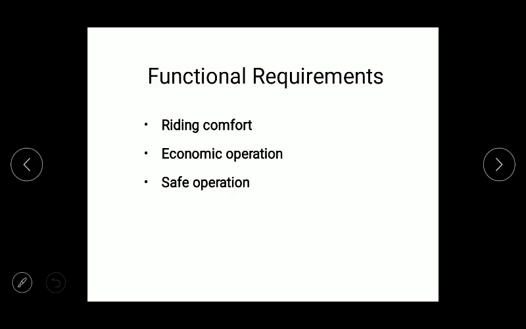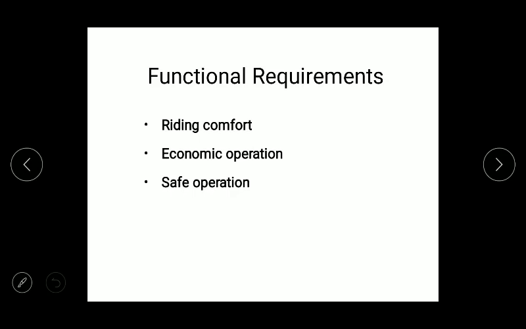For example, if you take a flexible pavement, the design life is 15 to 20 years, so it should provide good riding quality or riding comfort throughout its design life. If I take a rigid pavement, it should also provide good riding comfort throughout its design life. For example, the rigid pavement has a design life of 30 years.